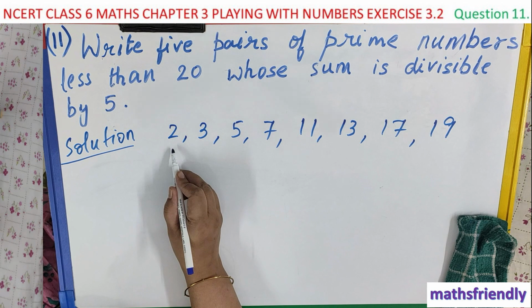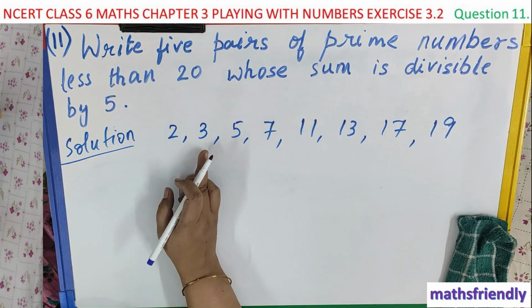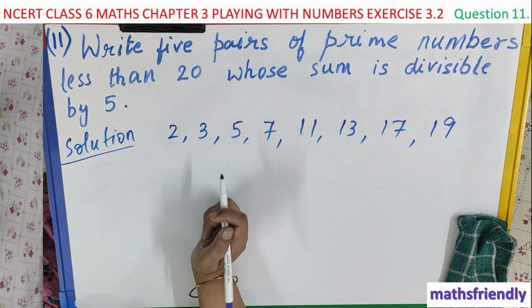First we will take 2. What do we add to 2 to get a number divisible by 5? 2 plus 3 gives 5, which is divisible by 5.